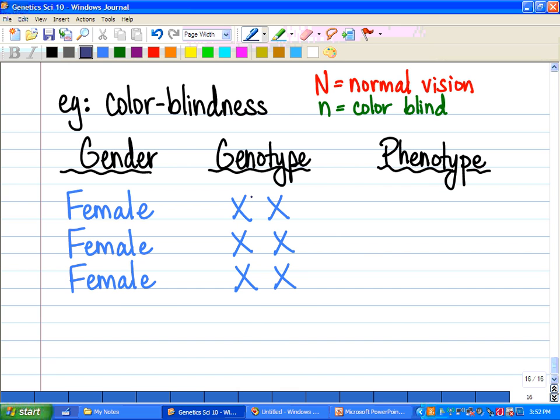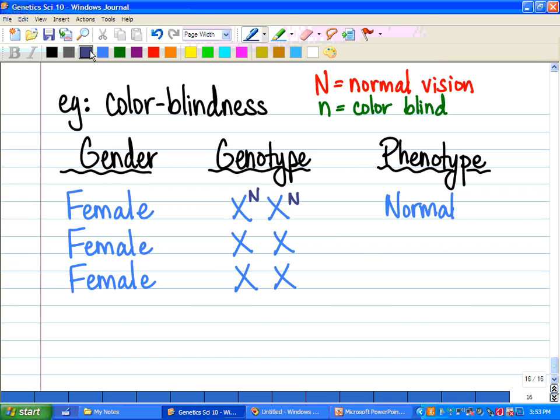So let's put those in. You could have a female who has the normal vision allele on both X chromosomes. So normal and normal. You're always going to have an N attached to one of these X's because that's where we find this allele. Now, as soon as we see a capital N, we know, since it's completely dominant, that this person is normal vision. That hopefully is an easy one.